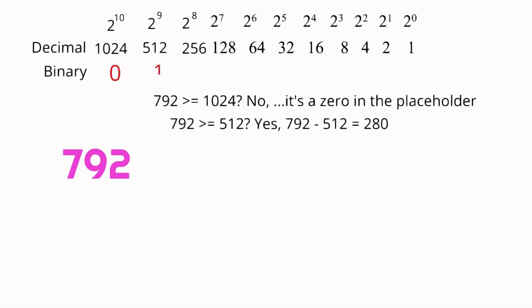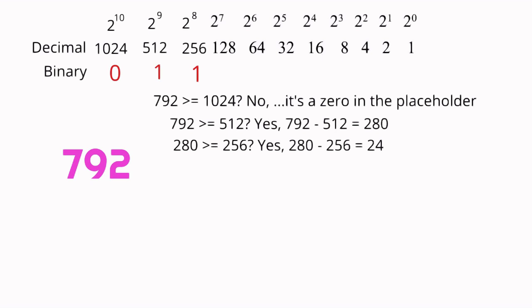So we'll write a 1 under 2 to the 9, and then we'll subtract 512 from 792. That leaves us with 280. Is 280 greater than or equal to 256? Yes. So write down the 1 under 2 to the 8, and then subtract 280 minus 256, which is 24.